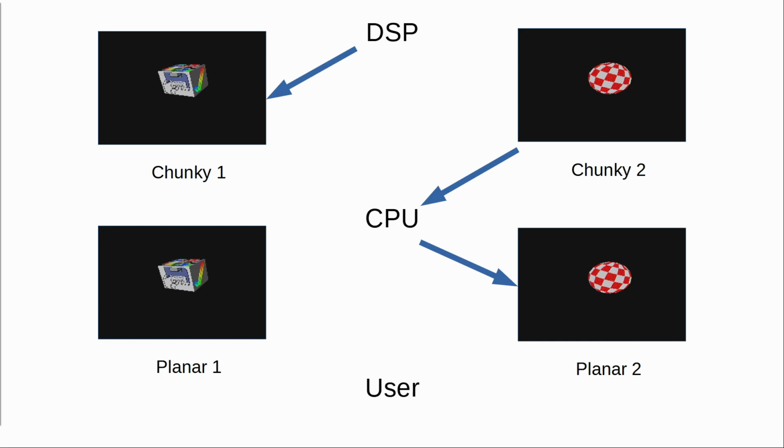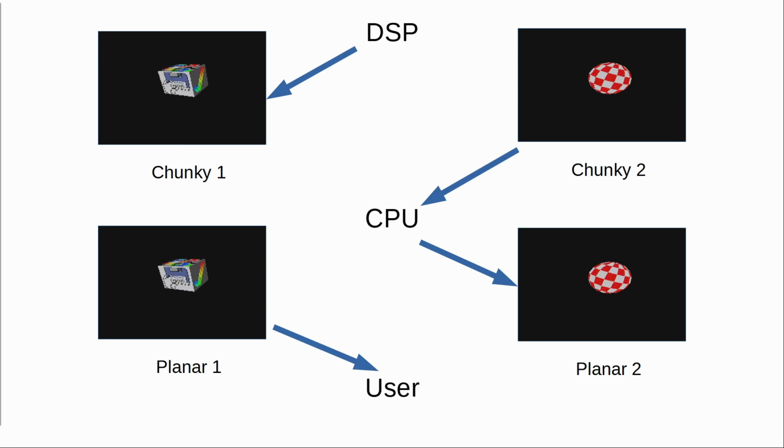So it does that in parallel on those separate screens, and while that's going on, the user is looking at the fourth screen, planar 1. So what the user sees is a completely static and rendered screen, whilst all the activity is going on in the other three screens. So that's one cycle.